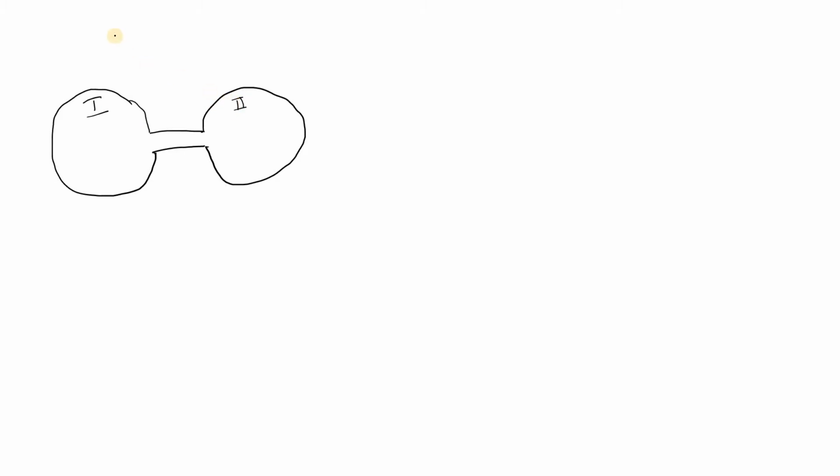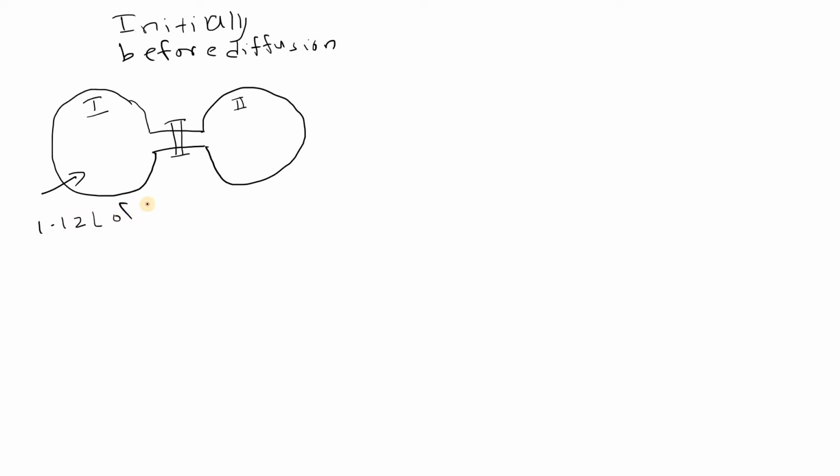Okay, so in this question we are given with the bulbs. Let this be bulb 1 and bulb 2. Before diffusion, that is initially, this stopcock is closed. So bulb 1 contains 1.12 liters of D2 and 2.24 liters of H2.